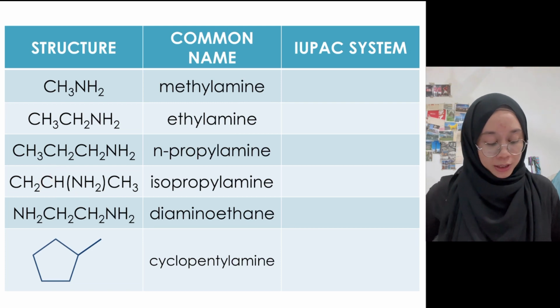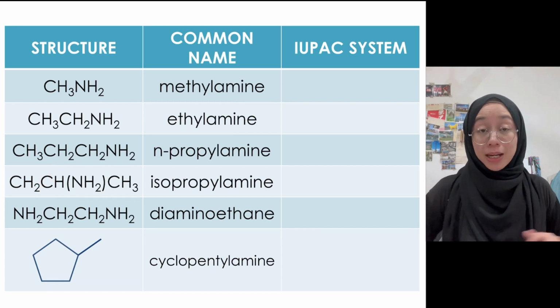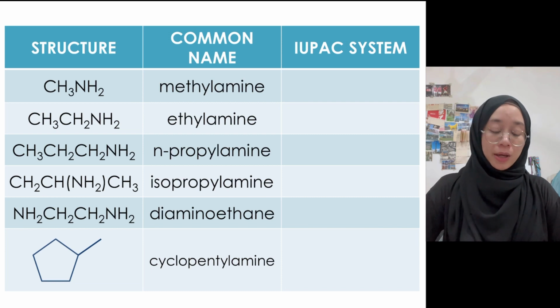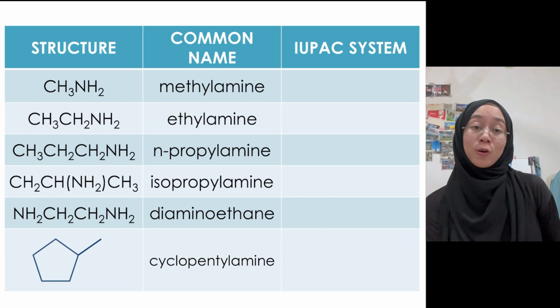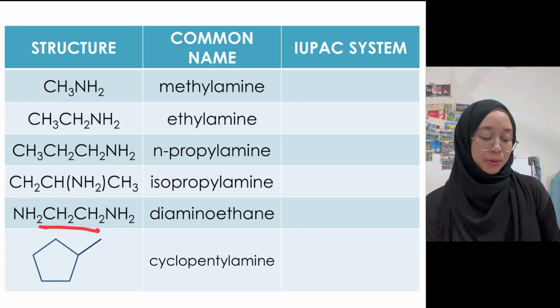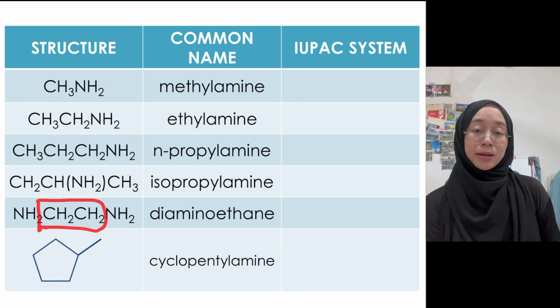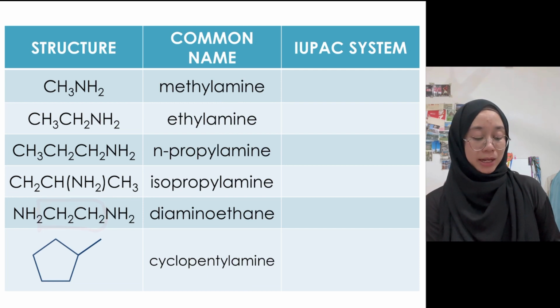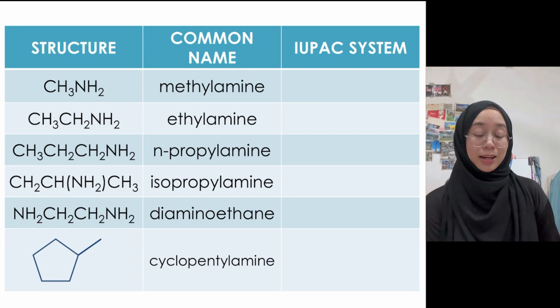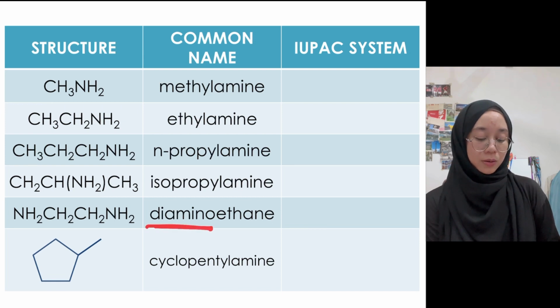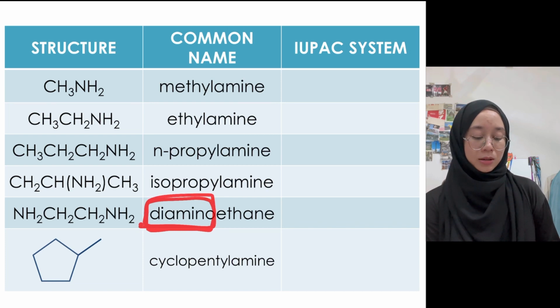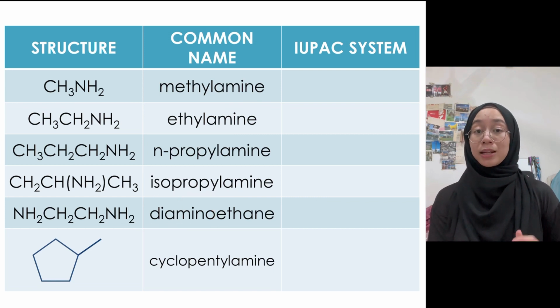Okay, and then untuk yang kelima ada 2 amine group. Okay, jadi dia jadi diamino lah. Okay, so untuk yang ni kita akan ambil kita punya parent, kita ambil yang alkane tu sebagai parent, so dia dipanggil sebagai ethane sebab ada 2 carbon, and then disebabkan ada 2 amino group yang attach kepada dia, so kita panggil sebagai diamino ethane. Okay, so yang ni dia tak bagi numbering untuk position of amino group tu sebab ada 2 je carbon lah, so dia tak letak pun kat mana.